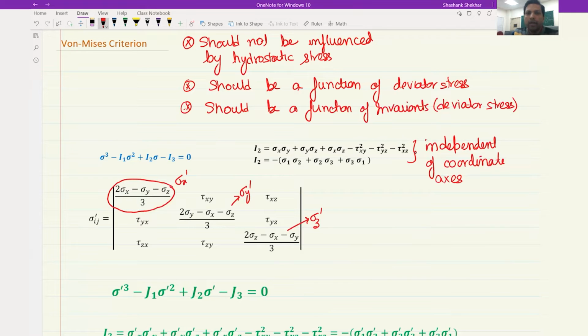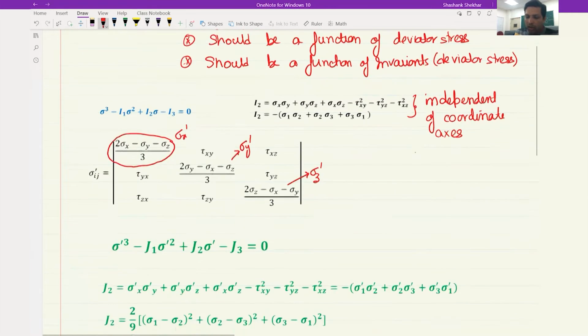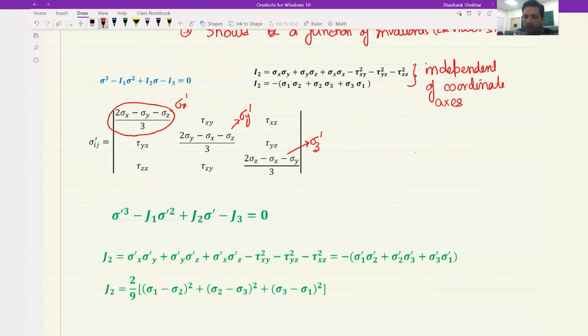Let's try to find the second invariant for this deviator stress. And this is sigma x prime, sigma y prime, sigma z prime. Similarly, we can also write this in terms of principal stresses. Then it will become sigma 1 prime, sigma 2 prime, and sigma 3 prime. And in that case, your invariant for the stress deviator would be obtained from this equation.